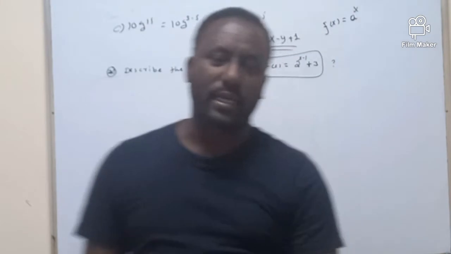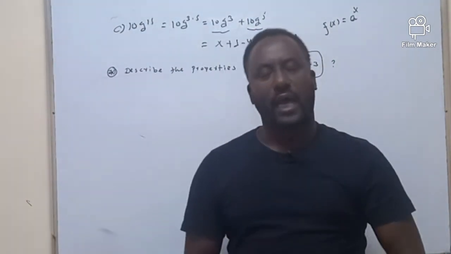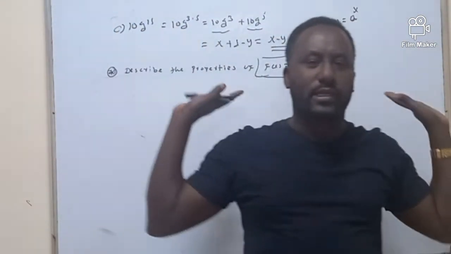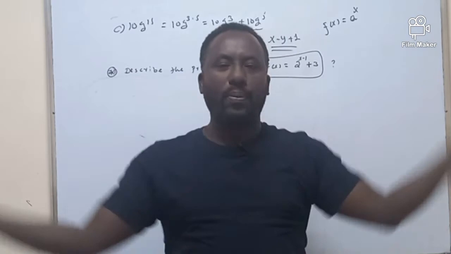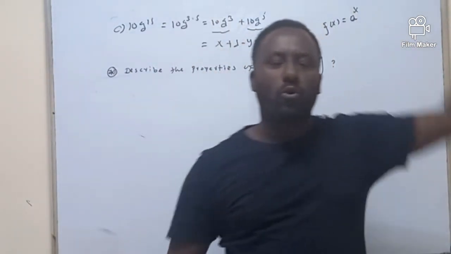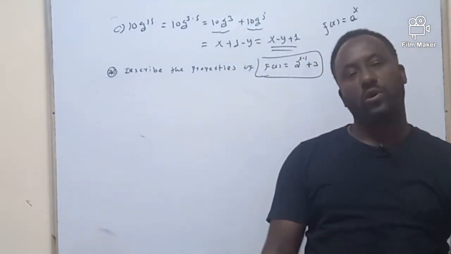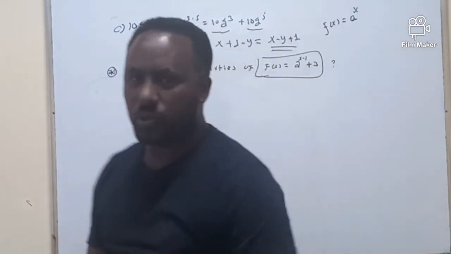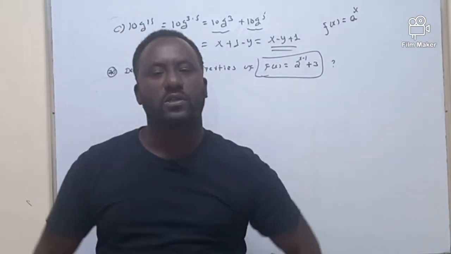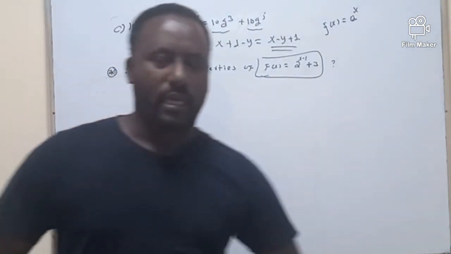As I have already shown in our previous classes, the graph of a polynomial opens up like this, or opens down, or maybe one end is up and one is down. Once you know how to sketch the graph, it's very simple to describe the properties of every polynomial function in general.